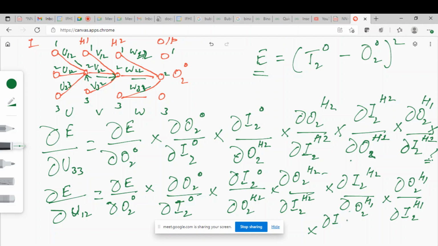Dou U12. So this is how it is done. You can draw different neural networks and try. If you want to make many changes, I think the output part we have to change. Then only there will be changes in other parameters.